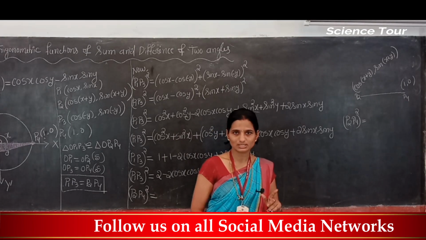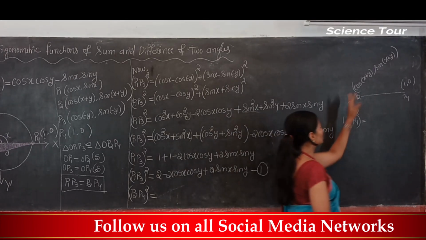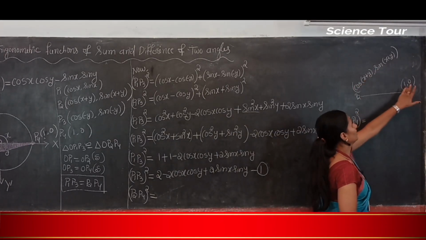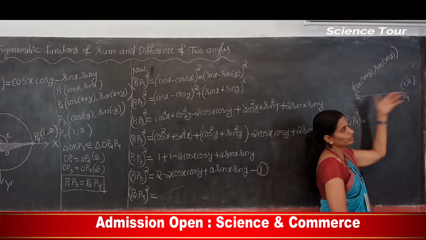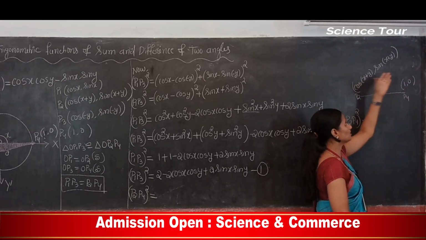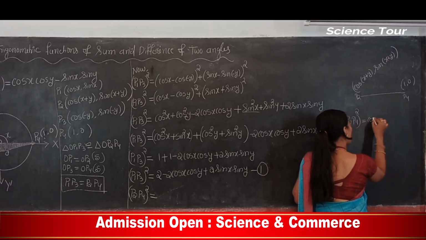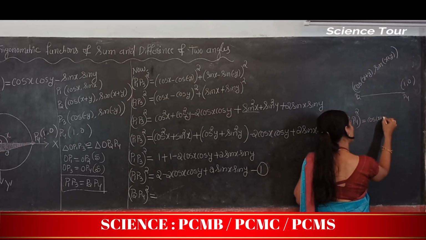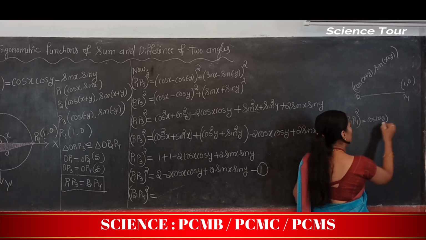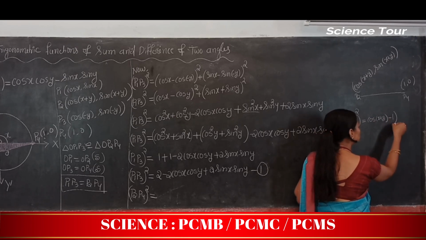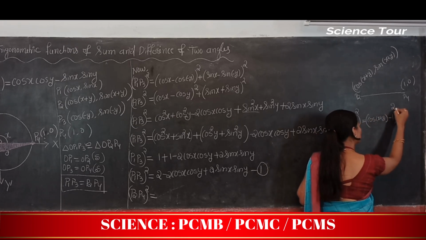Yes, tell me how to get this P2 P4 whole square? By using the distance formula, x1 y1 x2 y2. So the formula is x1 minus x2 whole square, so it is cos(x plus y), this is your x1, minus x2, which is 1, whole square. Is it right?